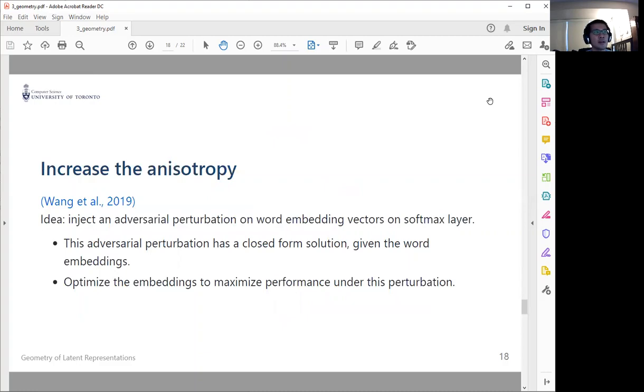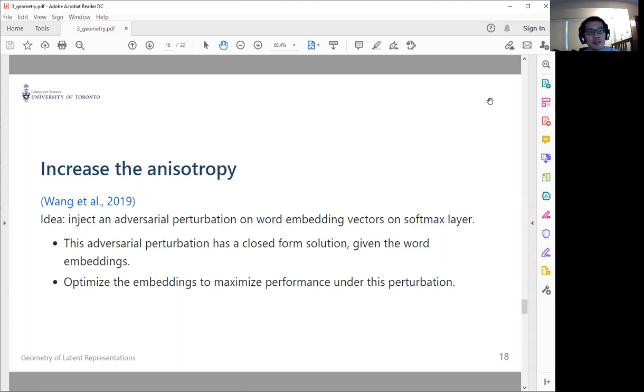And another method is to increase the anisotropy. So the idea is to inject an adversarial perturbation on the word embedding vectors at the softmax layer. This adversarial perturbation has a closed form solution, so you don't need to train an adversarial network anymore, given the word embeddings.